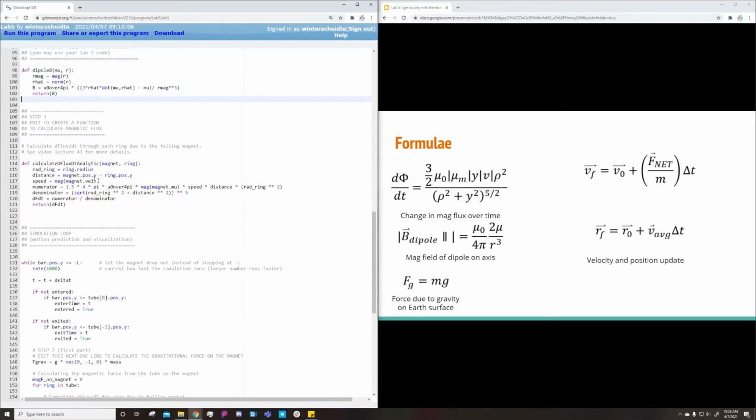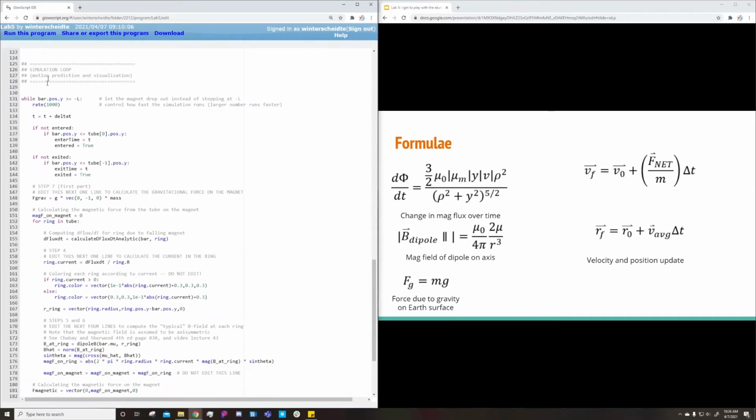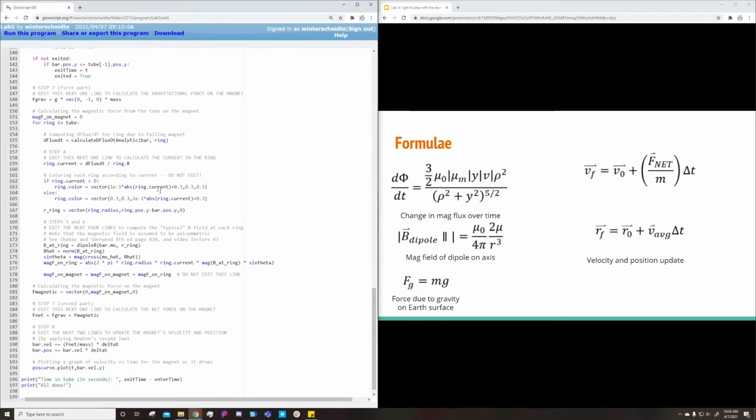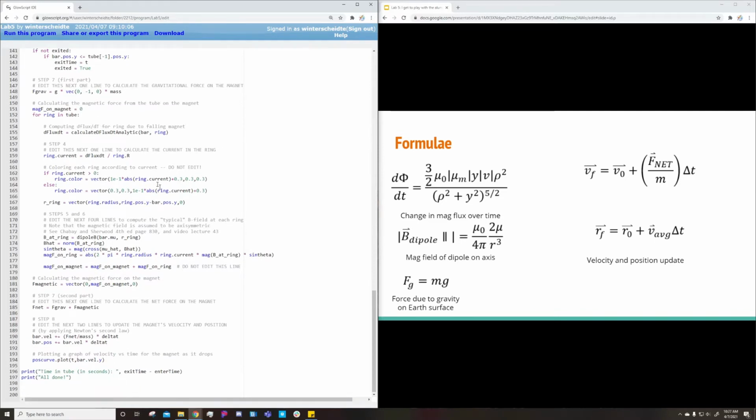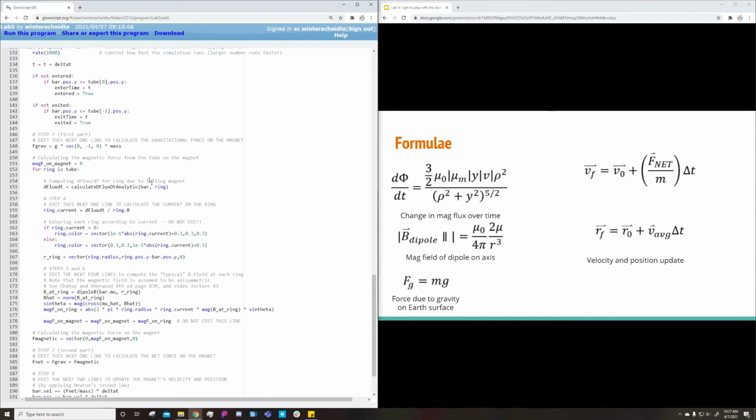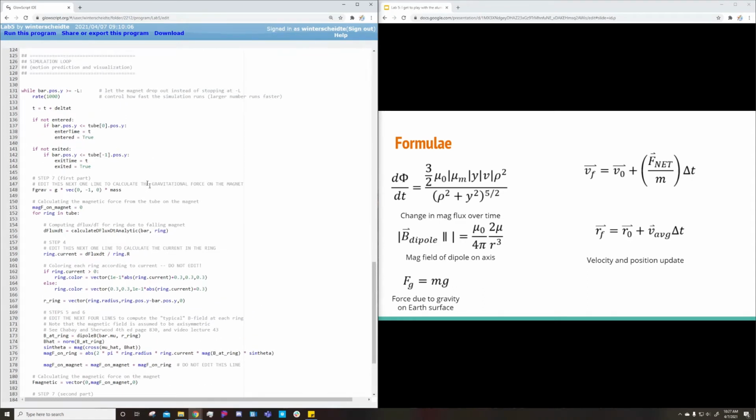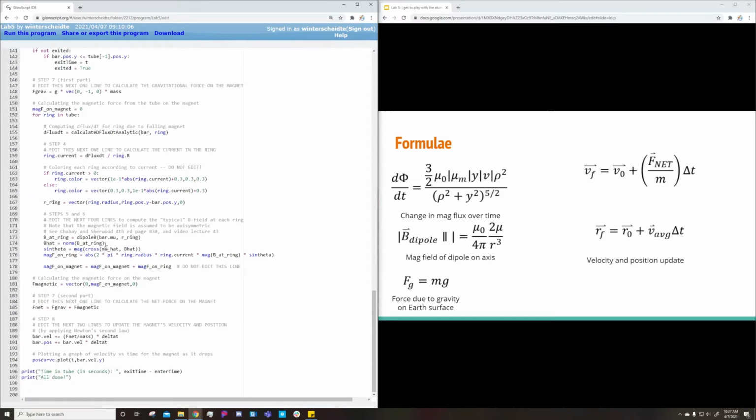And right here we have a function calculating the d flux dt, and then we come into this loop, and essentially we are writing code for each infinitesimal ring, and then we update the velocity and position of the bar magnet based on how the magnetic force changes with its position.